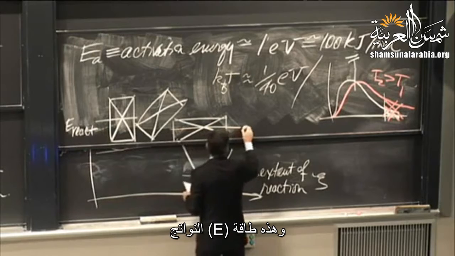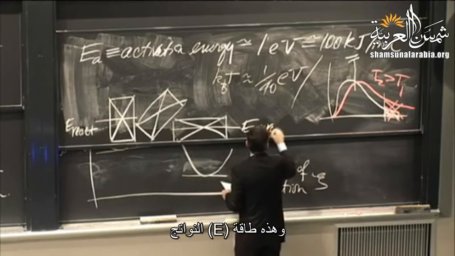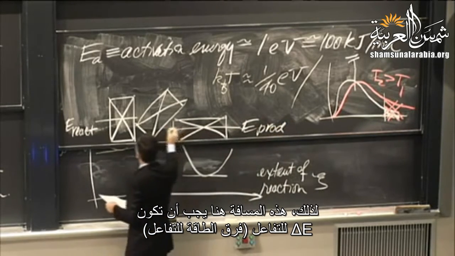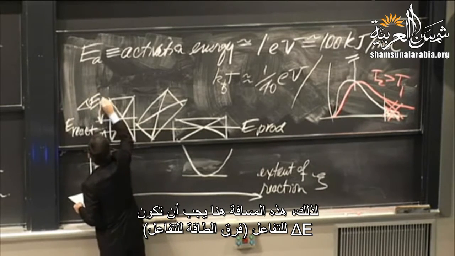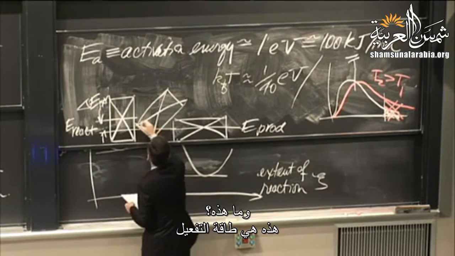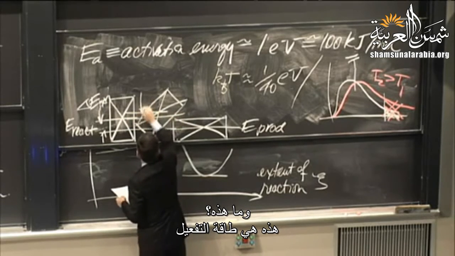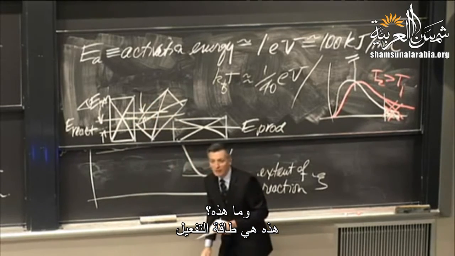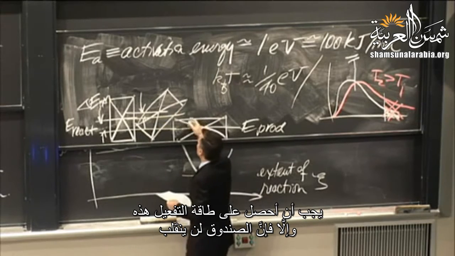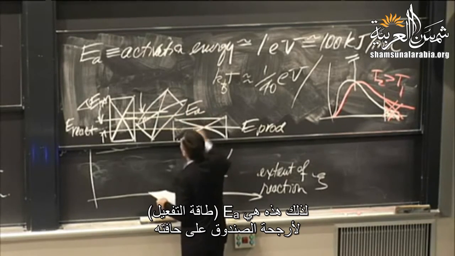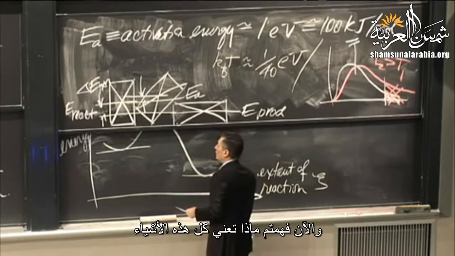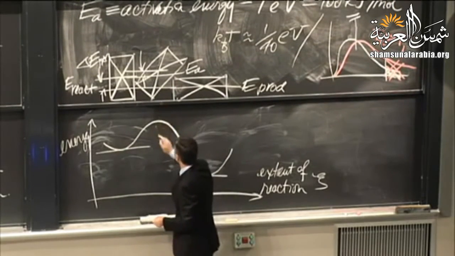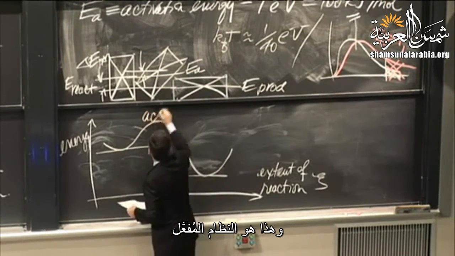This is E of the products. So then this distance here must be delta E of the reaction. And what's this? That's the activation energy. I have to come up with this, otherwise I can't make the box fall over. So this is EA, to go from here up onto the corner. And now you understand what all this stuff means. So that's here, and this is the activated complex.